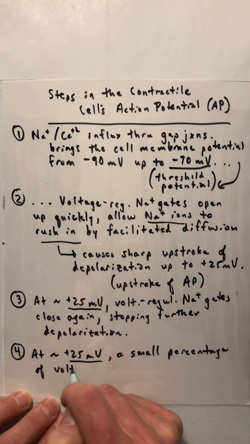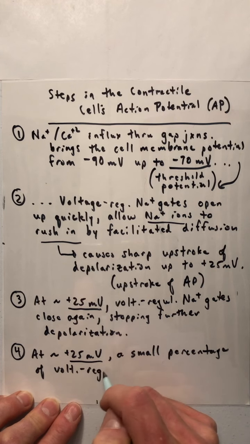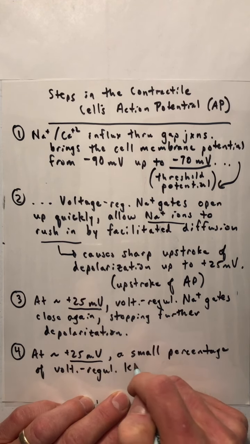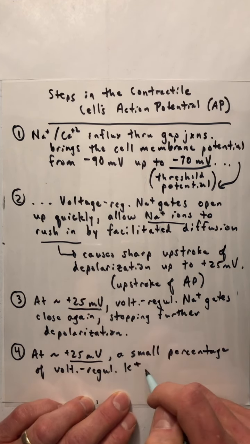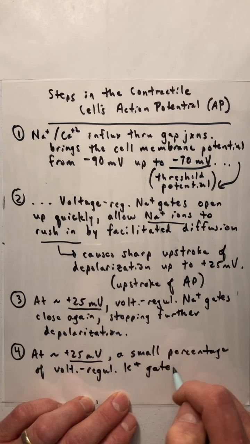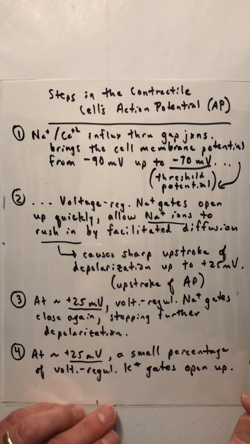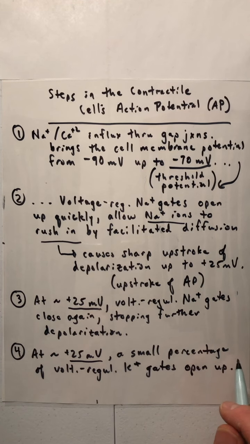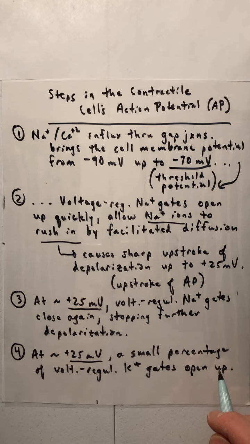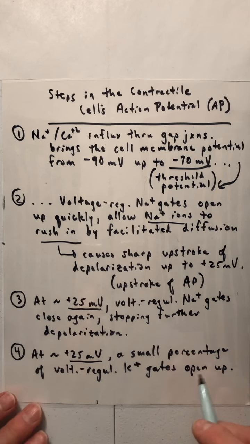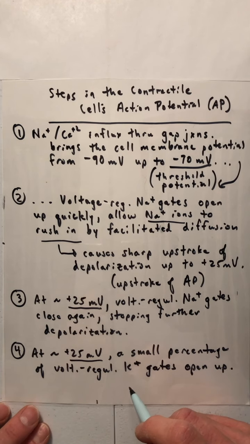Not all of them, a small number of them, but those gates open up. And of course, that allows potassium to rush out of the cell, making the inside of the cell more negative. And that's why we go sharply up, but then we take a sharp turnaround in the graph.